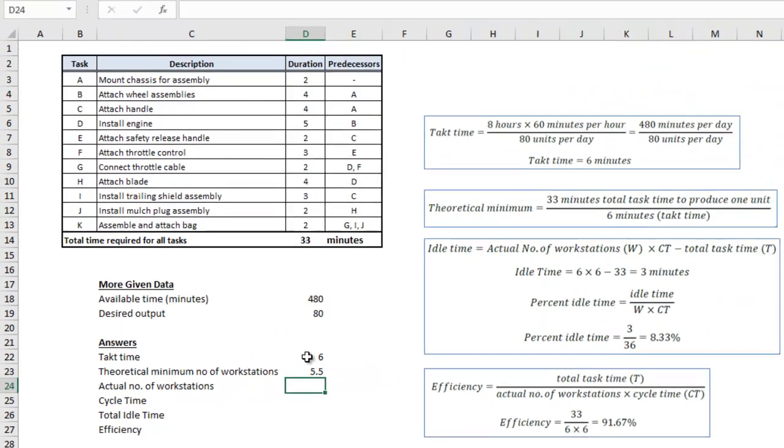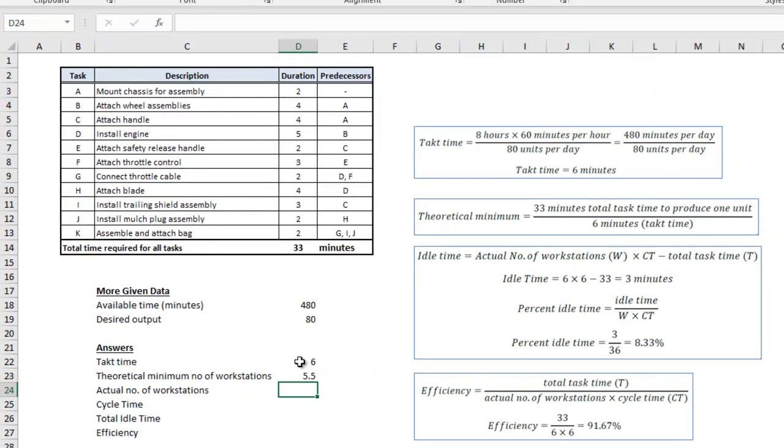So 5.5 is the theoretical minimum number of workstations, but we always round this number up to a whole number. We can't have half a workstation, so I'm just going to type round up, and then we'll do so with 0 decimal places, and that gives us 6 as the theoretical minimum number of workstations.